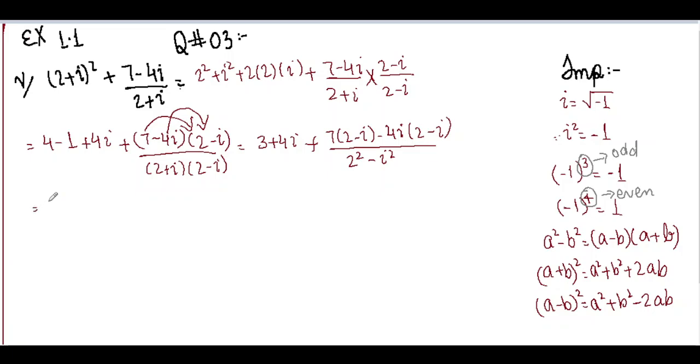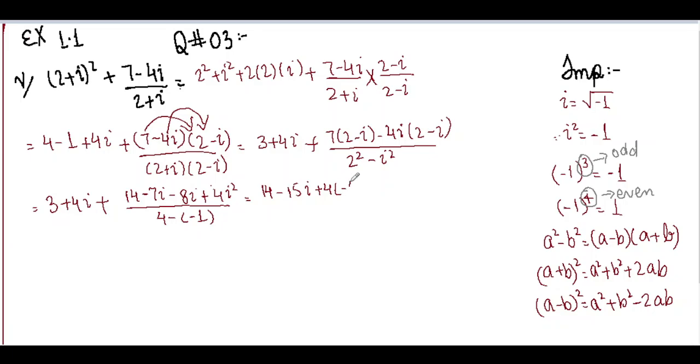Now the next step is 3 + 4ι plus 7 into 2s are 14 − 7ι − 4 2s are 8 into ι, minus into minus is plus 4ι², whole divided by 2² is 4 minus ι² is −1. Okay, now 14 − 8 + 7 gives us 15, so we are going to write here 15ι and plus 4 into −1, since ι² equals −1, and in the denominator it is 4 + 1.